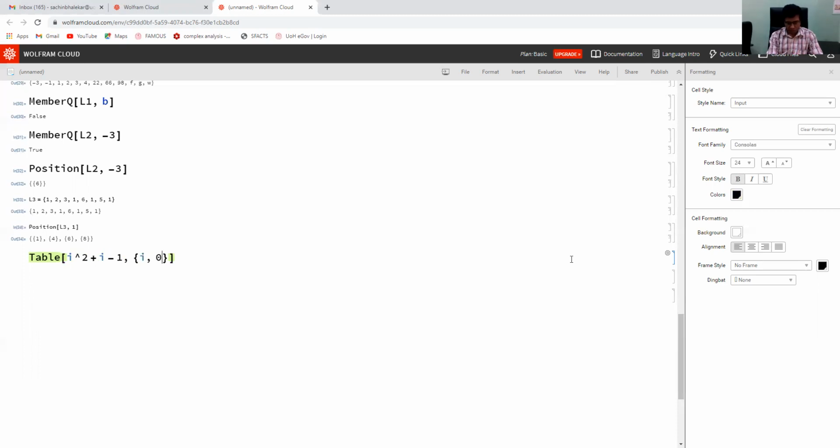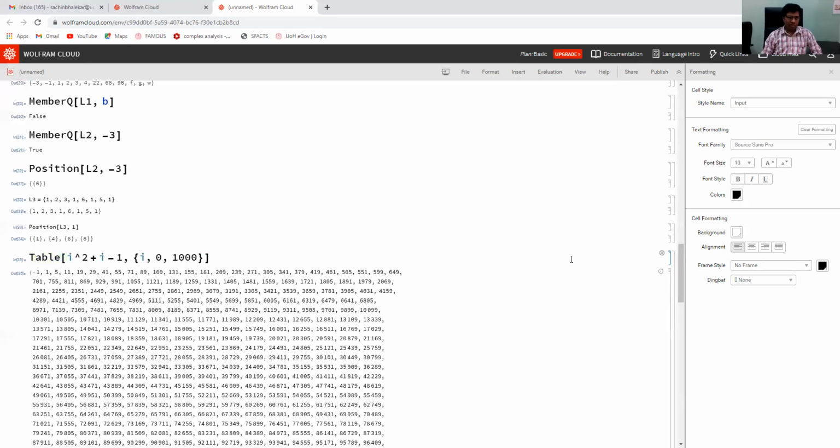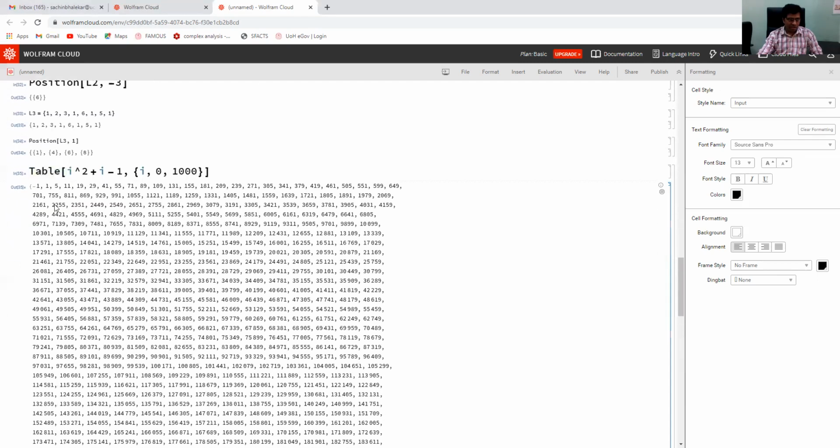Say from 0 to 1,000, and run. Okay. So this is executed. This is a table of entries following this formula from 0 to 1,000: i square plus i minus 1.